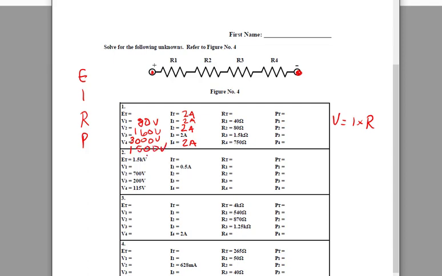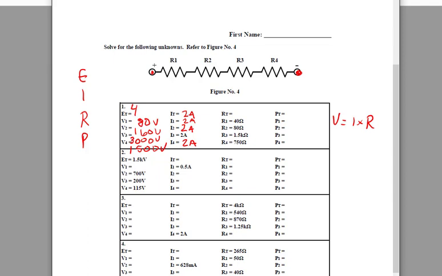Now we add those up, okay? We can add these up, and we're going to get 4,000. Doing this in my head, it looks like 4,740, but I just want to double check that.